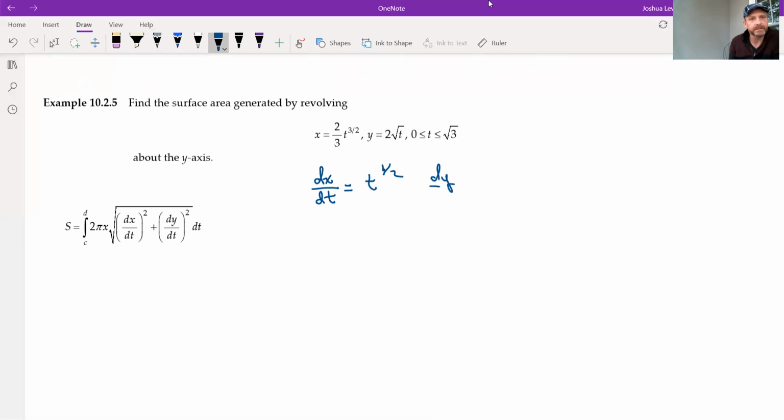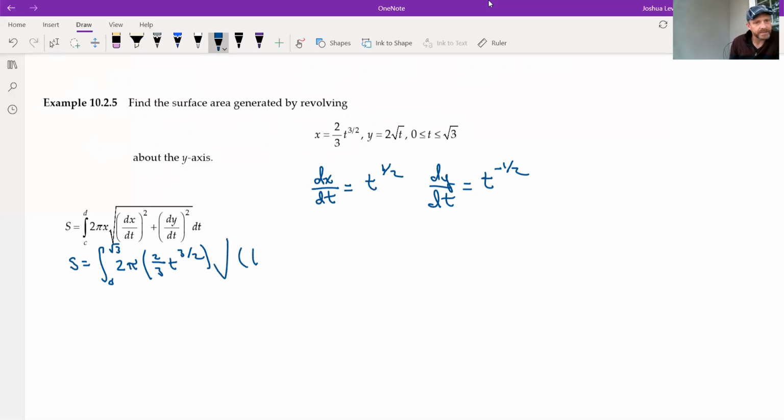And dy dt, well, that's like 2t to the 1/2. So it looks like we get t to the negative 1/2. Okay. And so I'll have the integral from 0 to the square root of 3, 2 pi times 2/3 t to the 3/2 times the square root.